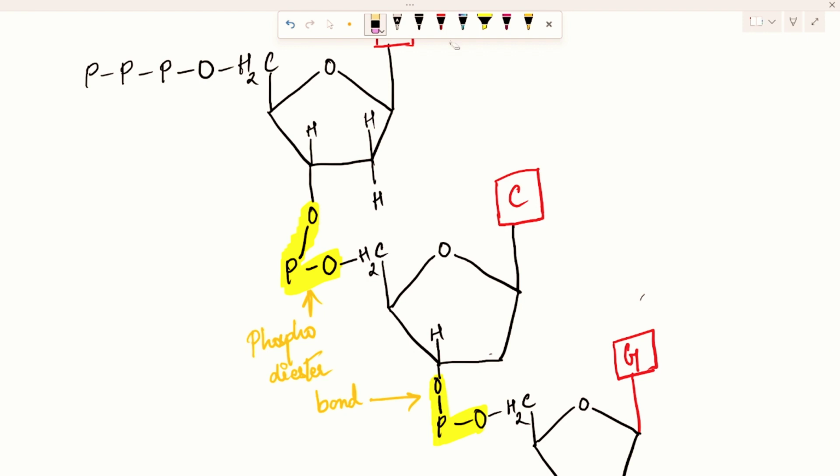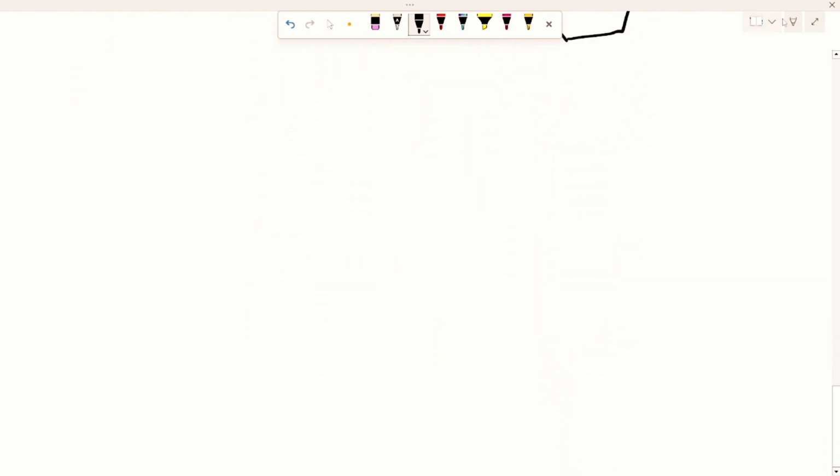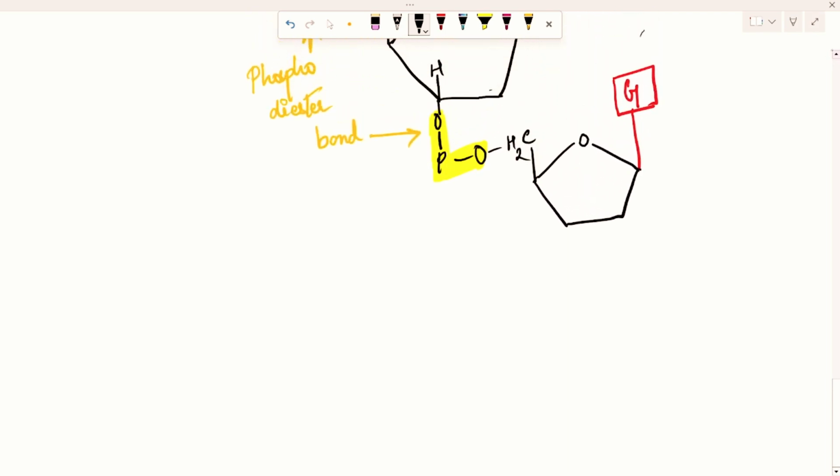Now, it is said that a polynucleotide chain has a polarity. This polarity is determined by the presence of phosphate on one end and the presence of hydroxyl on the other end. Let us assume that after this G, another nucleotide is going to come.